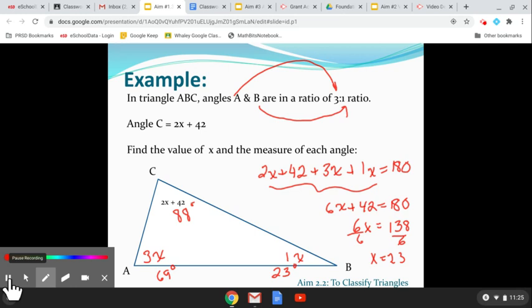Substituted that x back in, and I got angle A is 69 degrees, angle C is 88 degrees, and angle B is 23 degrees. So once again, and it's just a coincidence, it just so happens that this is a scalene acute triangle. Scalene because all the angles are different, and acute because all the angles are less than 90 degrees.